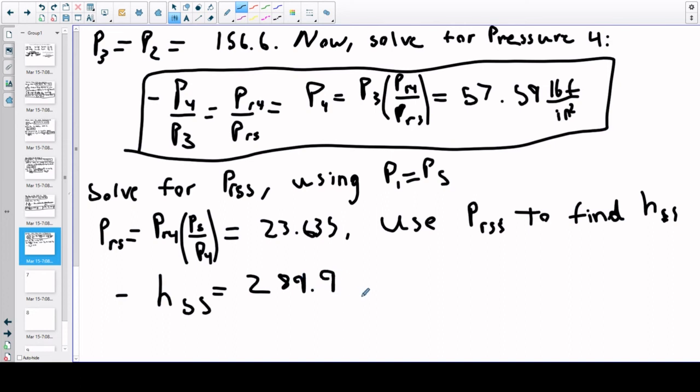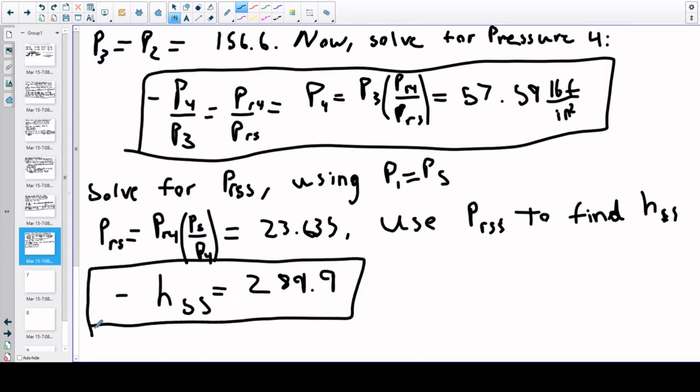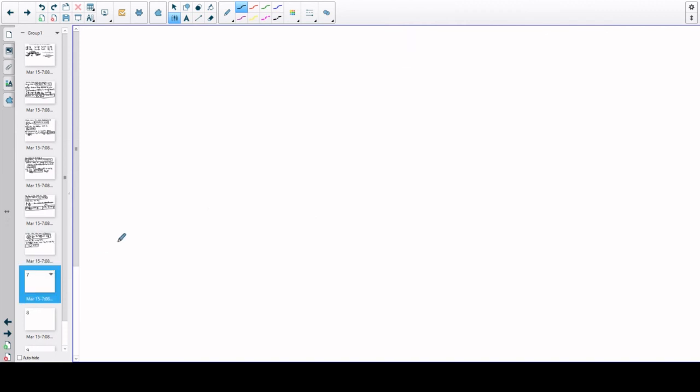And so we have H5S is 289.9. And so now we are solving the problem. We finally made it to the solution to the problem.